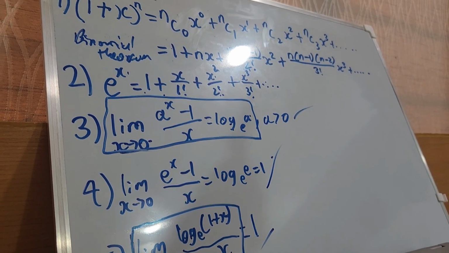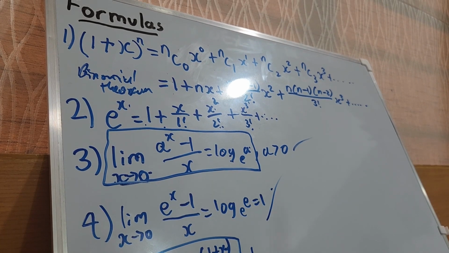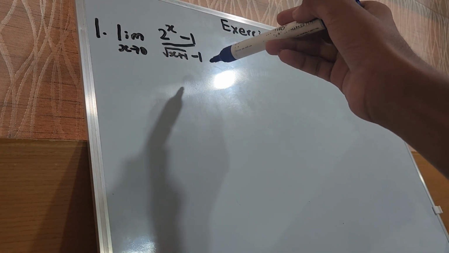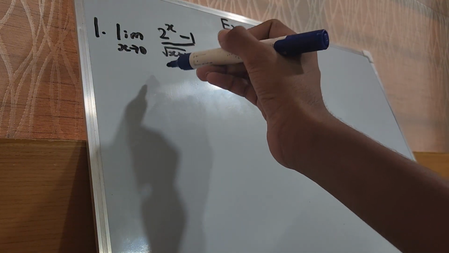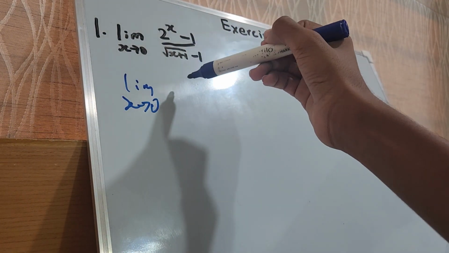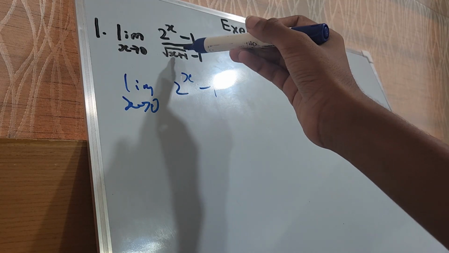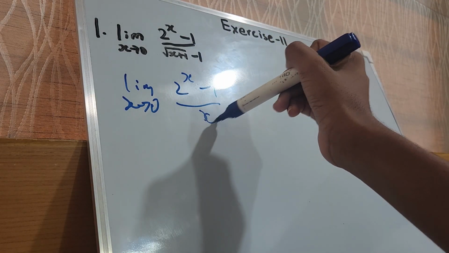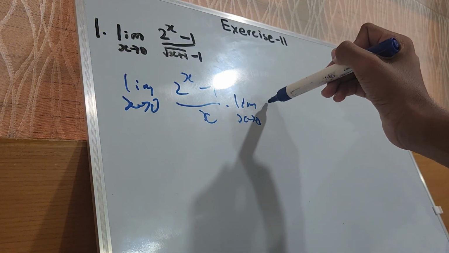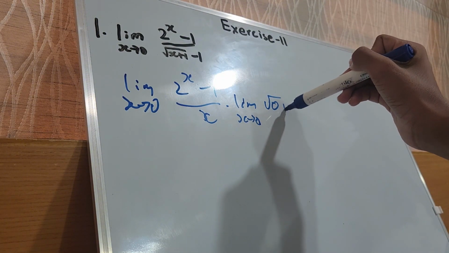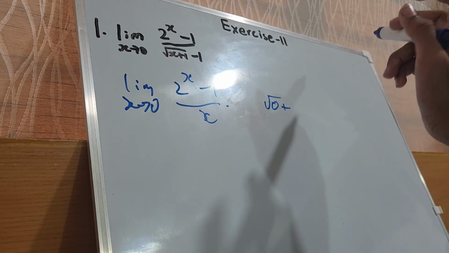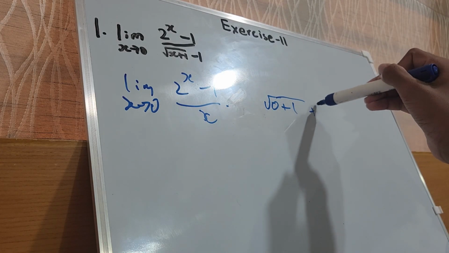So now let's get into some problems. The first question: limit x tends to 0, 2 to the power x minus 1 by root of x plus 1 minus 1. We just rationalize. On top we'll get root of x plus 1 plus 1, and let's substitute 0 in that, itself.